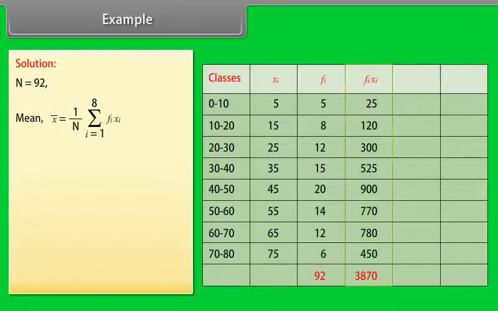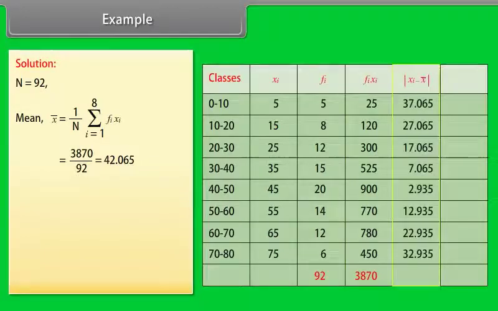Summation from i equals 1 to 8 of the product between xi and fi divided by capital N. It is found to be 42.065. In the fifth column, we find the absolute value of the difference between xi and the mean x bar.